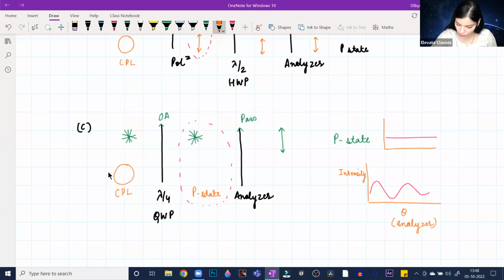This is going to be the intensity, because मैं किसी भी orientation में analyzer को orient करूँगी, every time मेरे पास intensity I0. If this is I0 intensity, so I'll get I0 by 2 each time. Okay, so for an unpolarized light through the polarizer the curve comes like this, and for a linearly polarized light through the analyzer it goes like a sine curve. So now this will work.